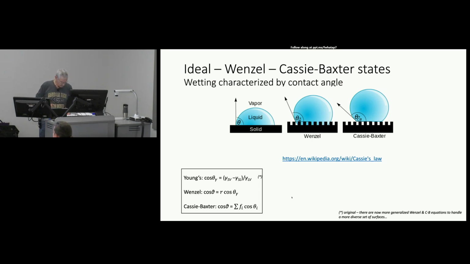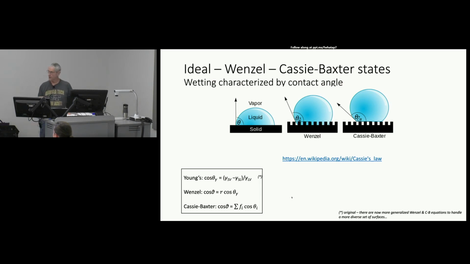And then finally, the Cassie-Baxter model describes a rough surface that's hydrophobic. So instead of wetting the insides of whatever roughness feature is on there, crenellations in this case, it sits on top of each one of those, trapping air underneath it.